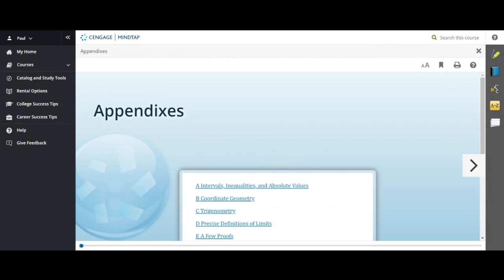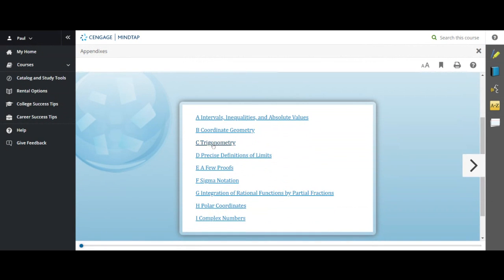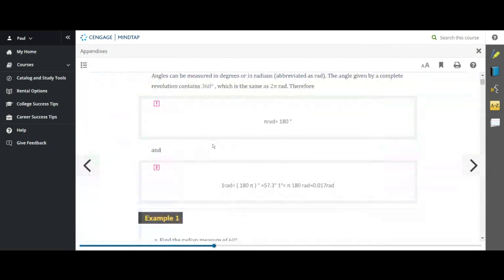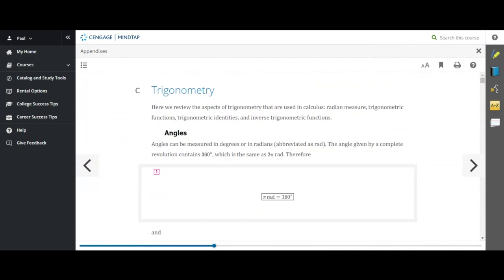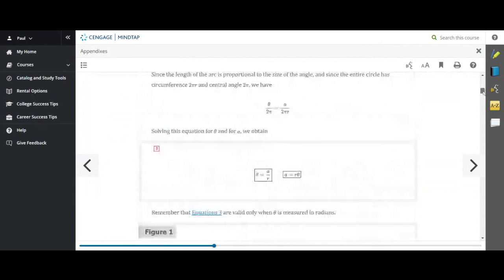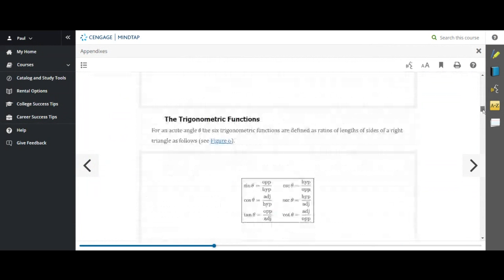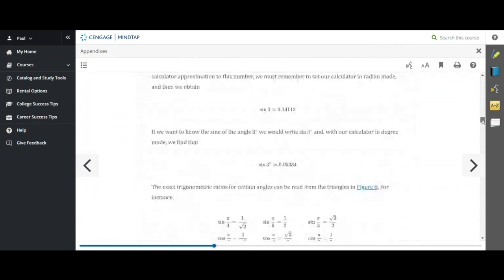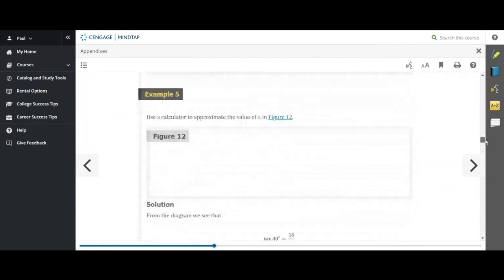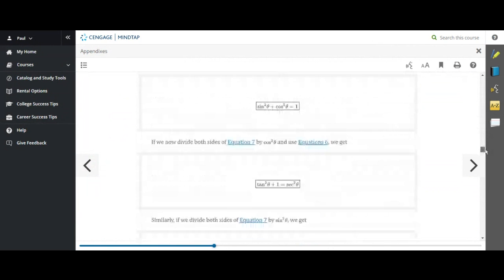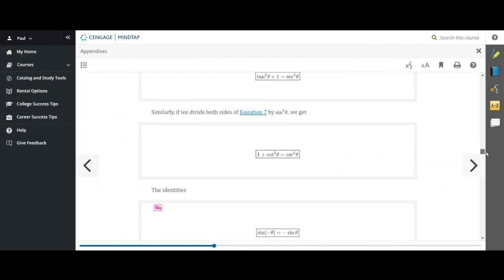You have a lot of appendices, and you want trigonometry, Appendix C. So a good review of trigonometry here in Appendix C. And I'm just going to find here the identity. Again, really a very nice review of trigonometry. And there are some identities.